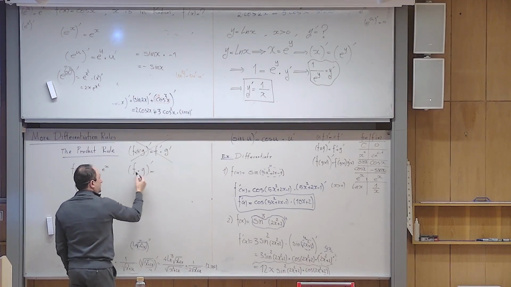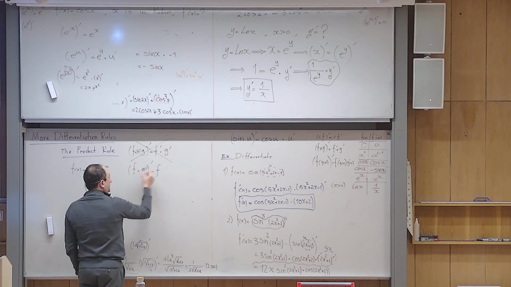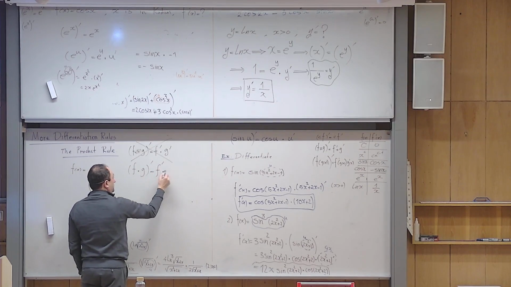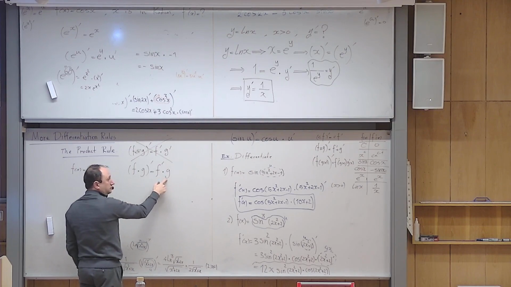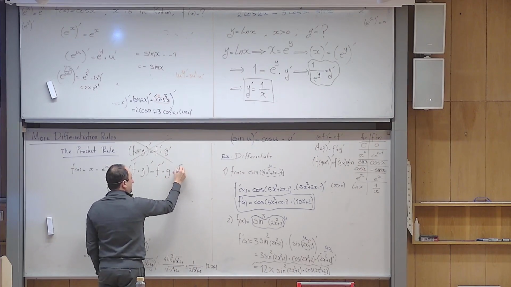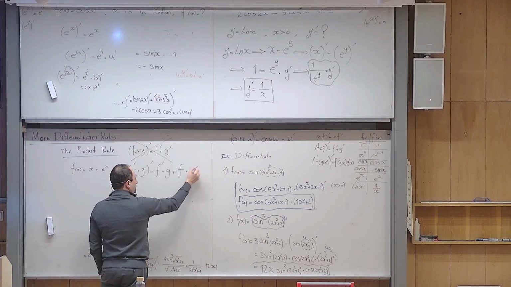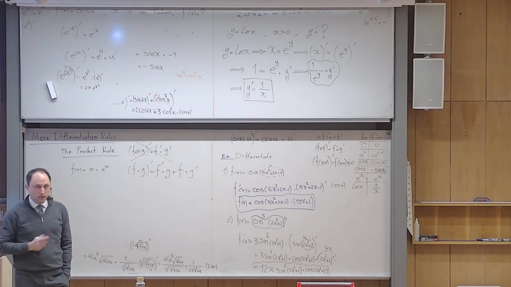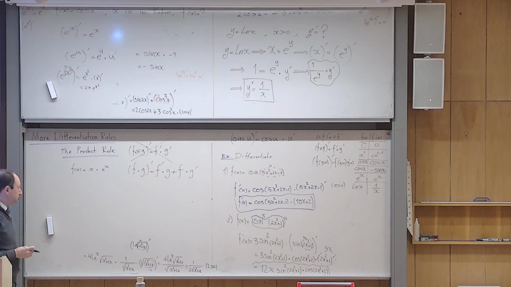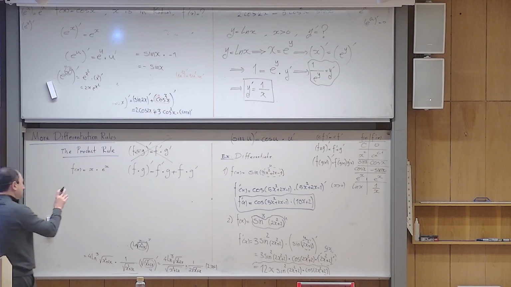This becomes the derivative of the first one multiplied by the second one itself plus the first one itself multiplied by the derivative of the second. So that is called the product rule. We can talk about why this formula is correct, but for the time being, let us use it.